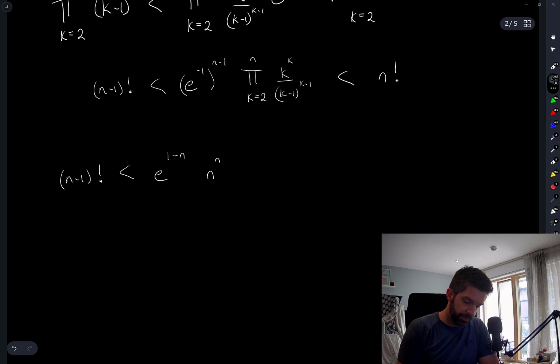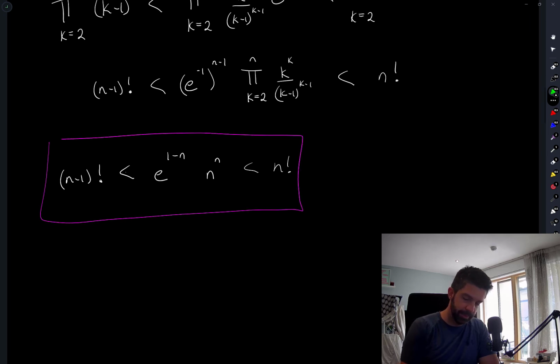So I'll also be left with divided by this expression when k is equal to 2. But that is, of course, 2 minus 1 to the power of 2 minus 1, which is just 1. So I'll get rid of that. Okay, less than n factorial. And this is exactly what we were asked to show.